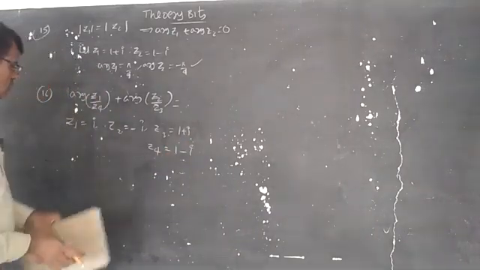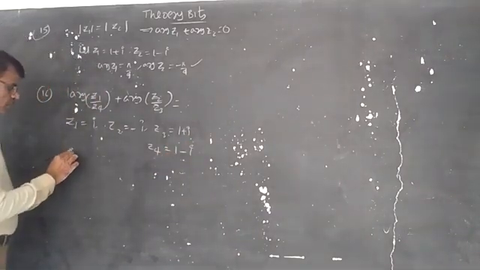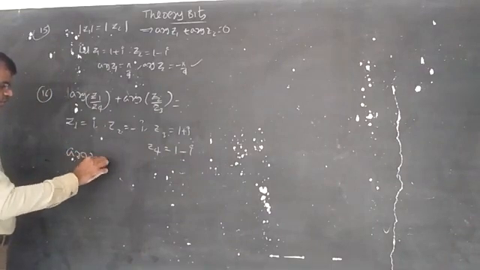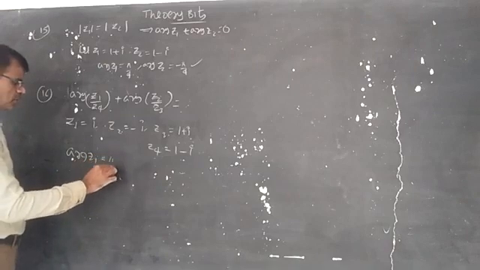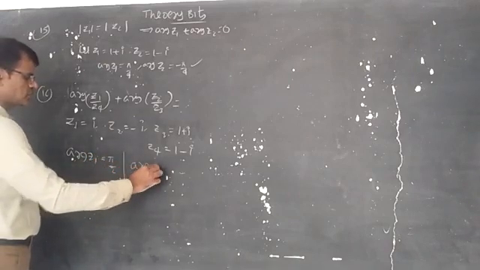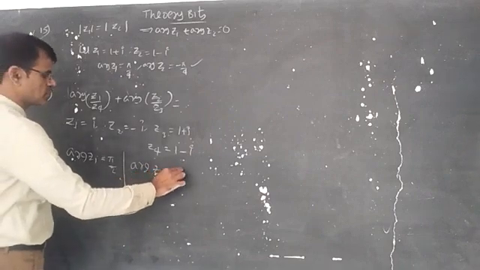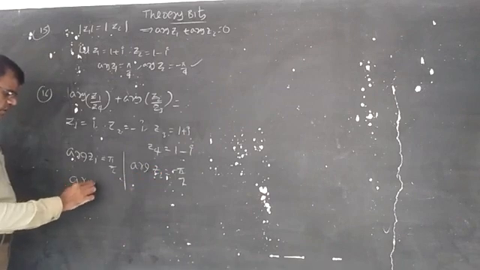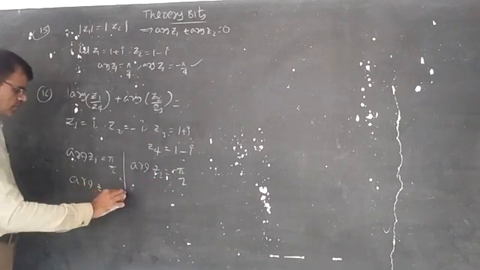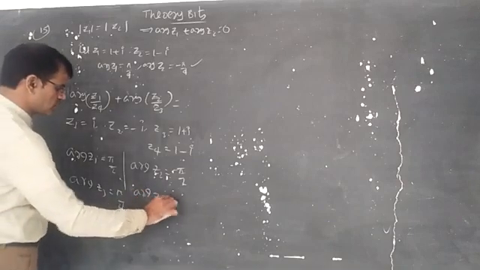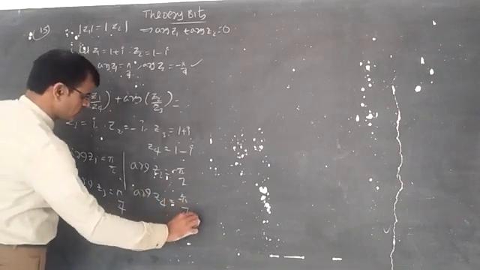Now argument of Z1 is equal to pi by 2, because cos pi by 2 plus i sin pi by 2. Next, argument of Z2 is equal to minus pi by 2. In a similar way, argument of Z3 is equal to pi by 4, and argument of Z4 is equal to minus pi by 4.